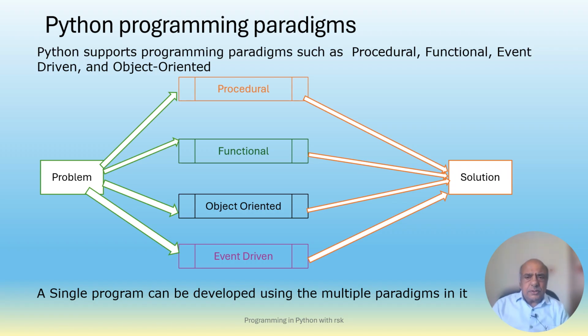The biggest advantage of Python is that a single program can be developed using multiple paradigms in it. So all the 4 paradigms we can use to develop one single program, so that we get an optimum solution to the problem for which we are developing an application.